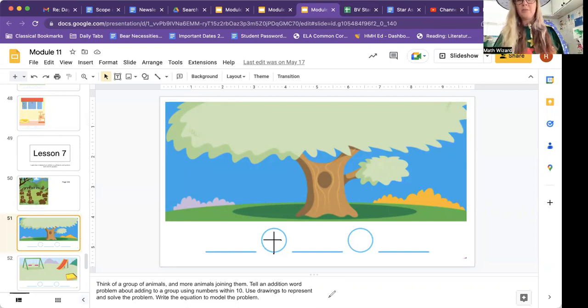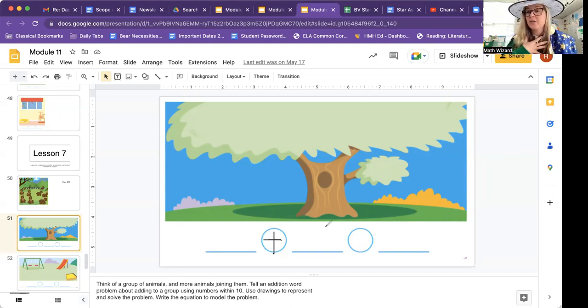Write the equation to model the problem. Within 10 means our answer is not going to be more than 10. If I did 10 birds and 10 more joining them, would my answer be more than 10? Yes, so that wouldn't work. We need it to be within 10.